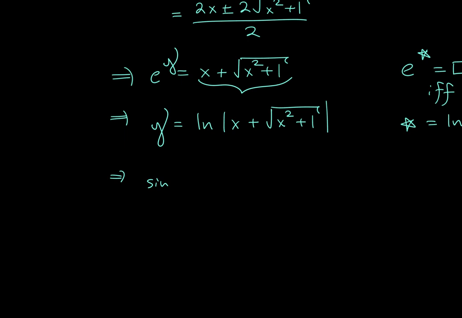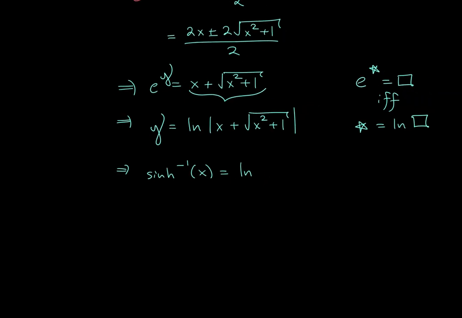Oh, can I do that? Oh, okay, so check this out. Sinh inverse of x is equal to the natural log. I think this thing on the inside is always positive. Think about it like this. The square root of x squared plus 1 is going to always be greater in magnitude than the x.